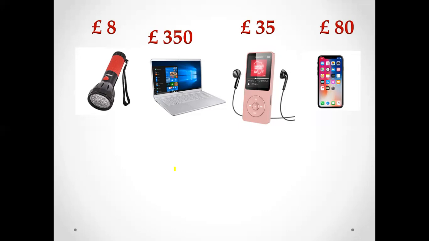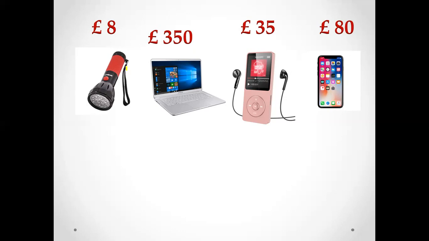Yes, it is the torch. Because I'm comparing the torch with the laptop, the MP3 player, and the mobile phone, with a group, I'm going to use superlative. I wouldn't say the torch is bigger than the laptop, the MP3 player, the mobile. No, I'm going to use superlative. So the torch is the cheapest.